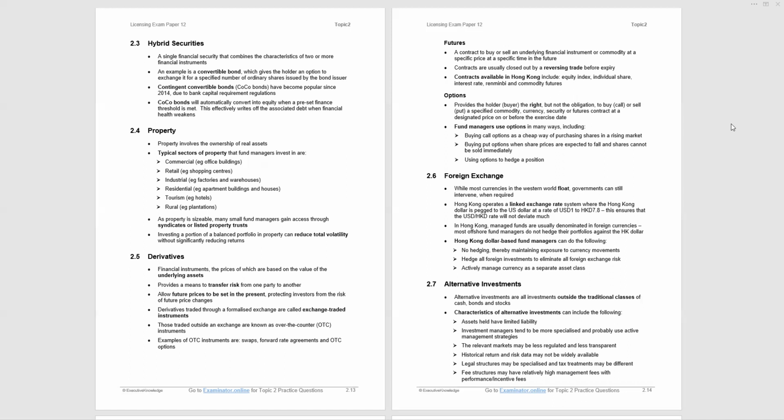On the other hand, an option provides the holder, the buyer, with the right, not the obligation, to buy if it's a call option, sell if it's a put option, at a specific price, that is the exercise price. Now, fund managers use options in many ways, including they buy call options as a cheap way of purchasing a share in a rising market.